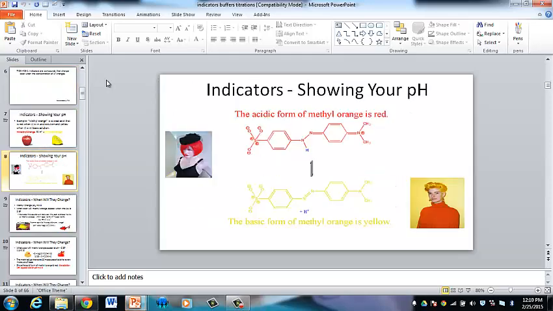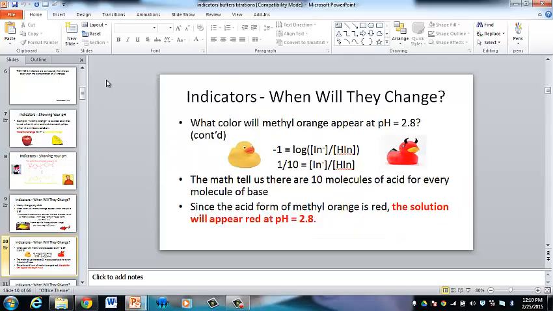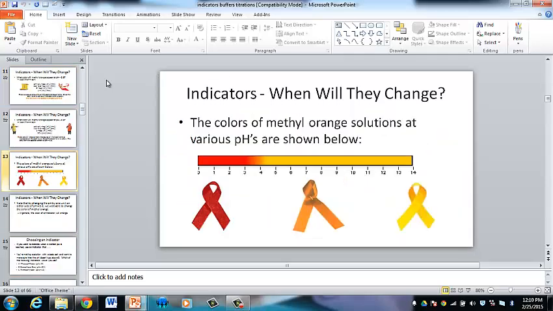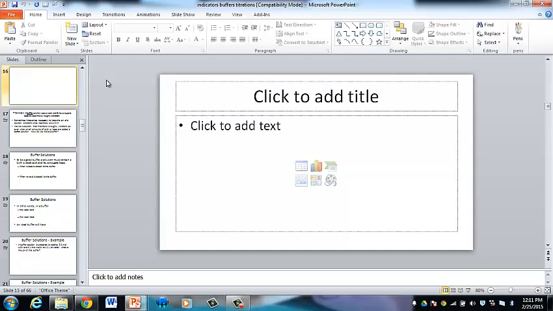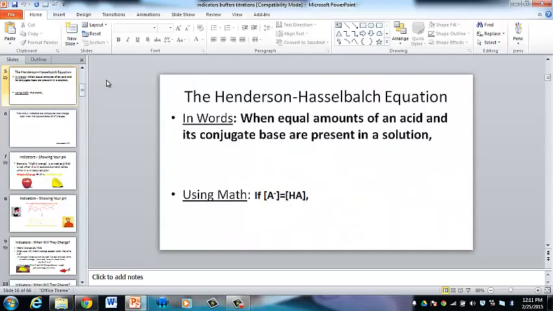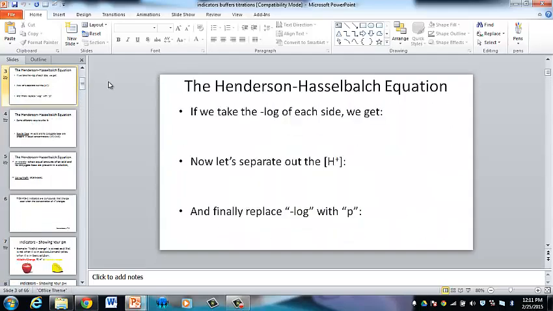So in lecture 19, you'll see there's lots of slides with pictures of colors on them. That's where we're discussing indicators and why they change color when you change the pH. All right, any other questions?